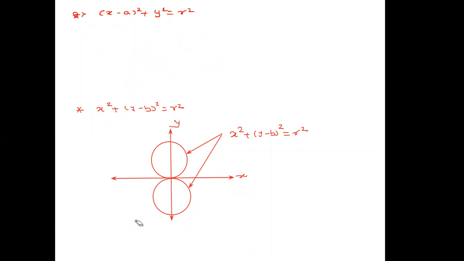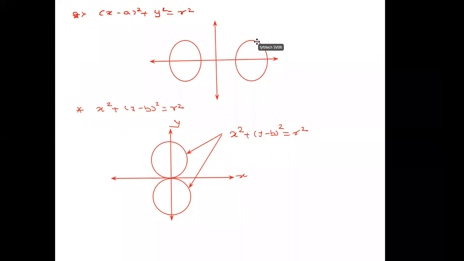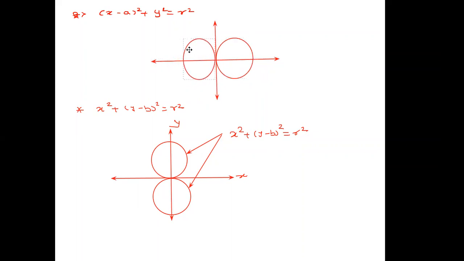There are two possibilities. What is the first possibility? First possibility is this one, and the second possibility is this one.